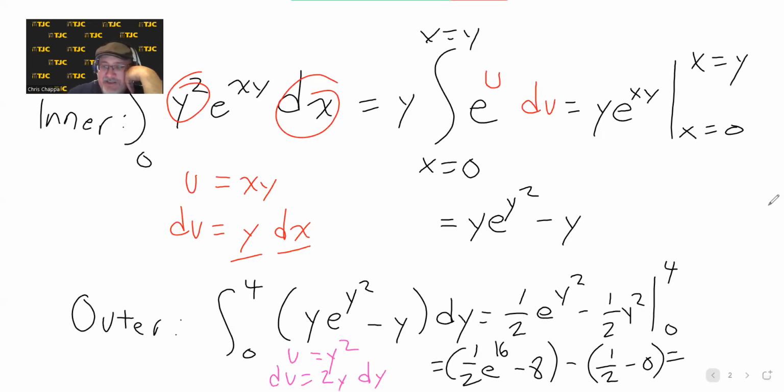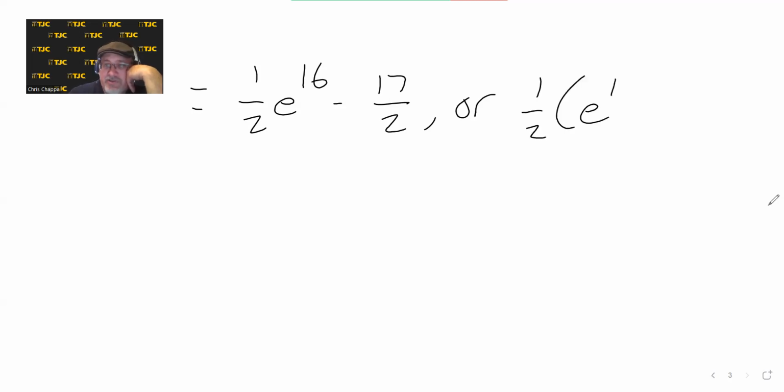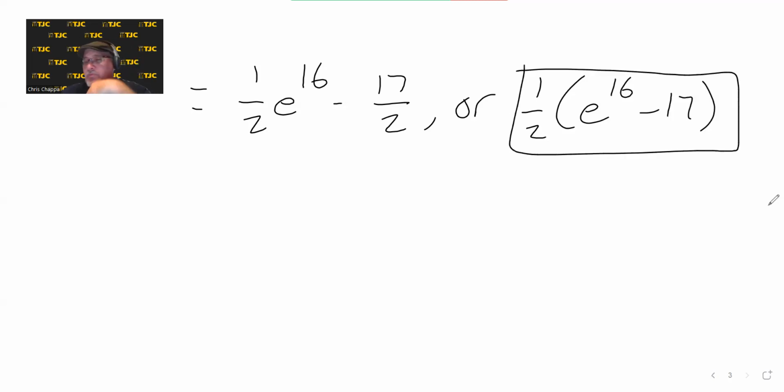And then we had minus 8 and minus 1/2. 8 is 16 halves, minus 1/2 is minus 17 halves. Or if you wanted to factor out a 1/2, e to the 16th minus 17. That's a funny looking answer. I've seen worse though. All right, assuming nothing went off the rails, that should be good for that one.